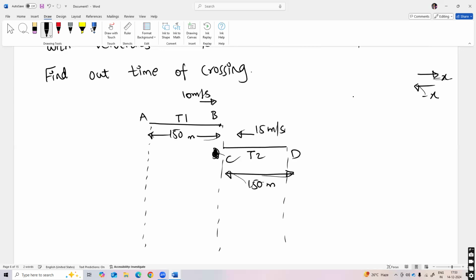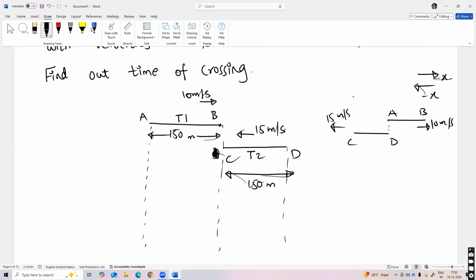When they cross each other, it means the final position is when A and D are matching; this is the point of crossing. CD is moving towards the negative x direction at 15 meters per second, AB is moving at 10 meters per second towards the positive x direction, and A and D are crossing.